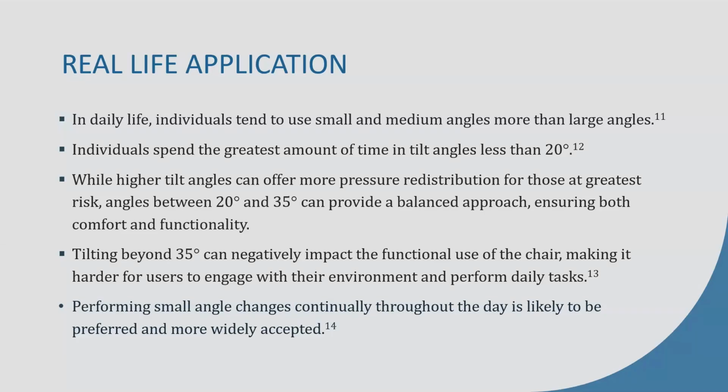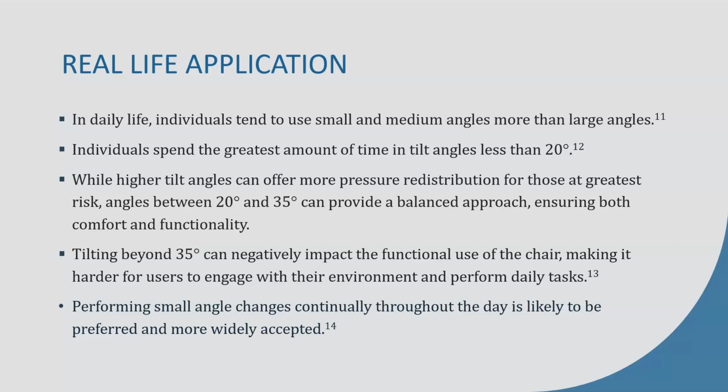But of course, we have to define those objectives and understand what we're actually trying to achieve, what's the greatest risk. So while higher tilt angles can offer more pressure distribution for those at greatest risk, angles between 20 and 35 can provide this balanced approach, ensuring comfort, functionality and pressure care.